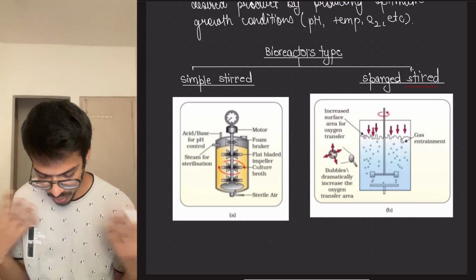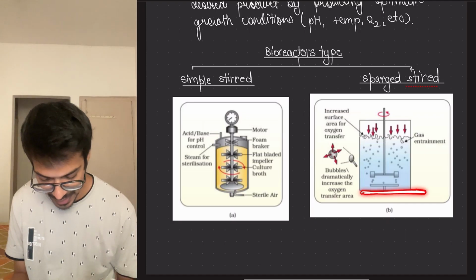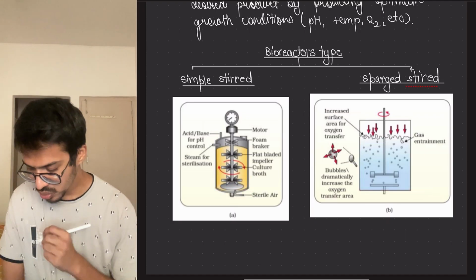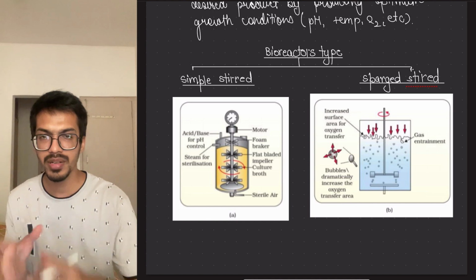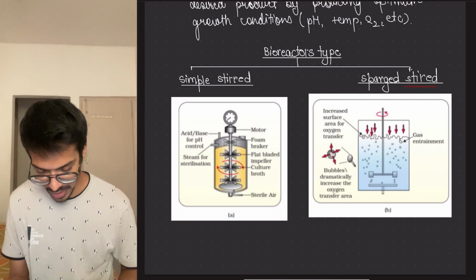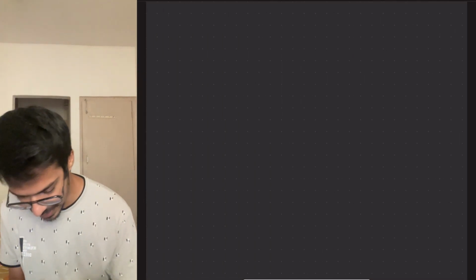If you see the other way around, this is a flat base, and that is a curved base one. So this is also one of the differences. I'm going to be writing these things on the next page, simultaneously.